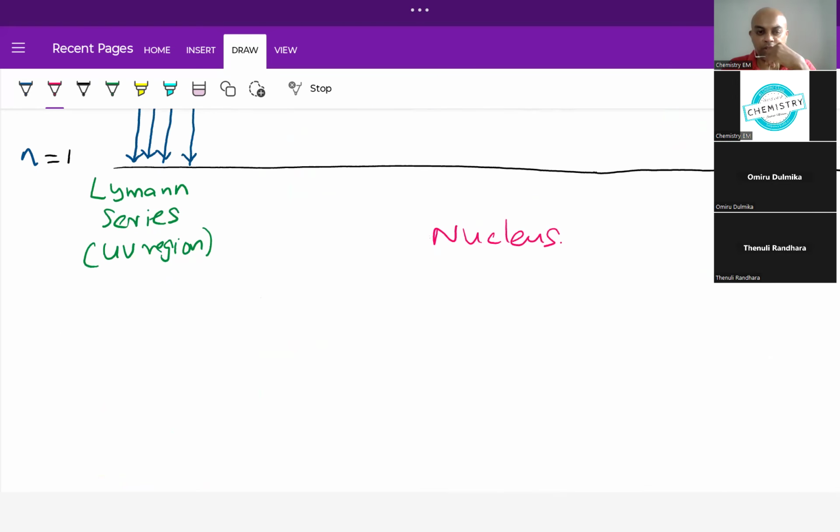It has four frequencies in the visible region.